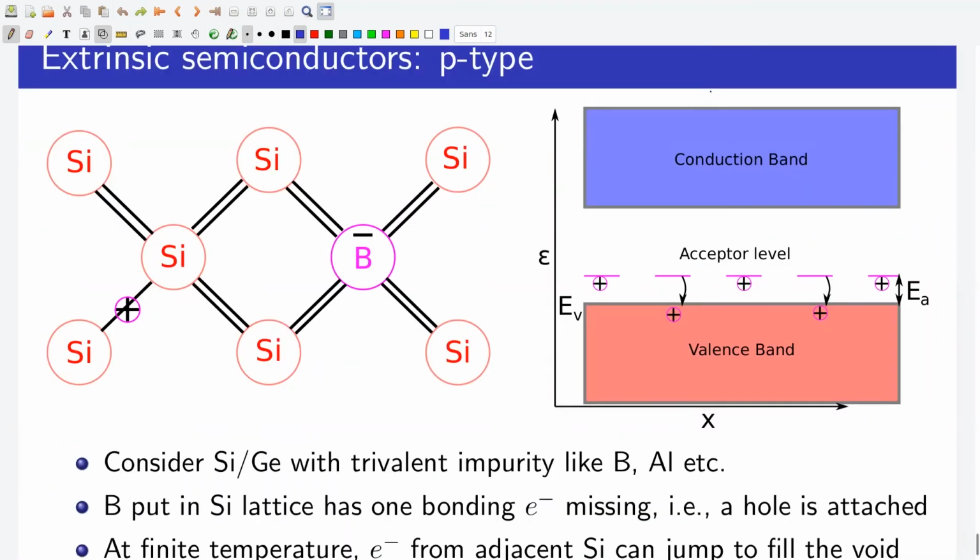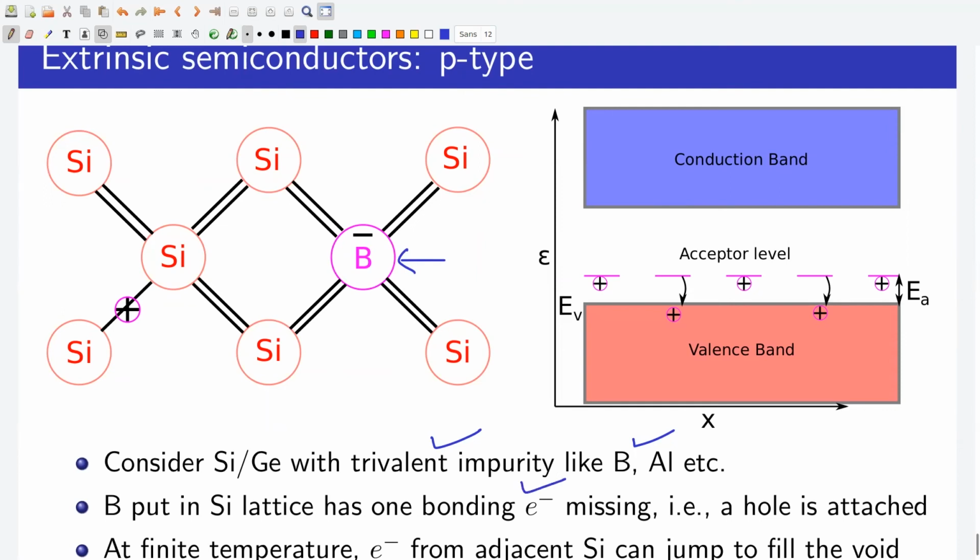Instead of pentavalent impurity, if we dope silicon or germanium with trivalent impurity, we get p-type extrinsic semiconductor. Examples of p-type dopants are boron and aluminium. When a boron atom substitutes a silicon atom in the lattice, it has one bonding electron missing.